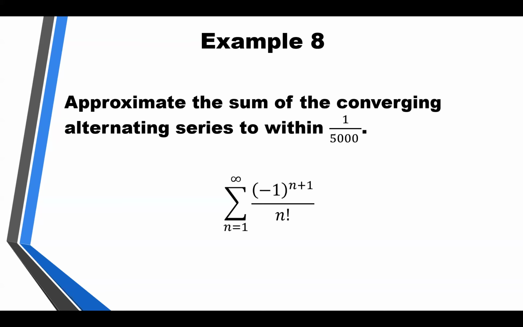That was one of my previous examples: negative 1 to the n plus 1 power over n factorial. So I know it converges. And I want to figure out what the sum is within 1/5000th of the real sum. I want to get a good approximation of that sum, to within 1/5000th.